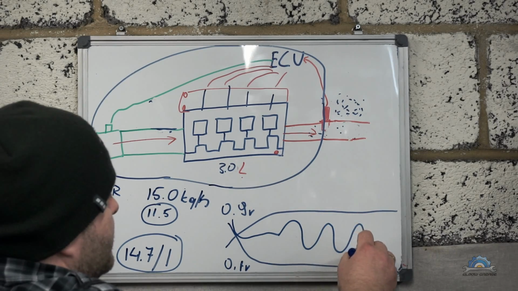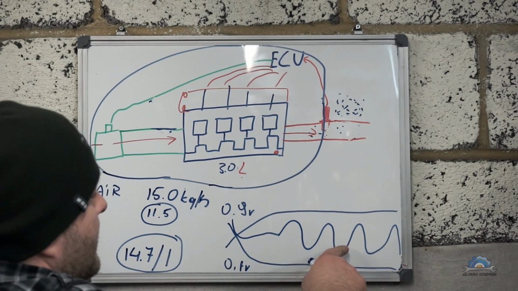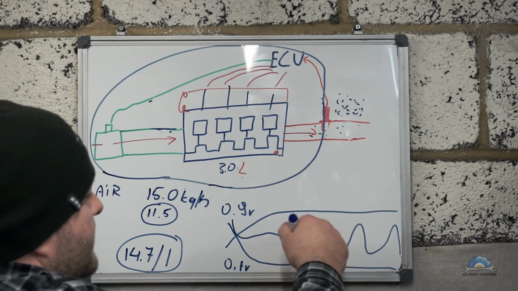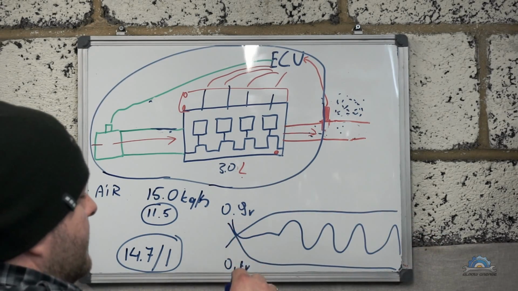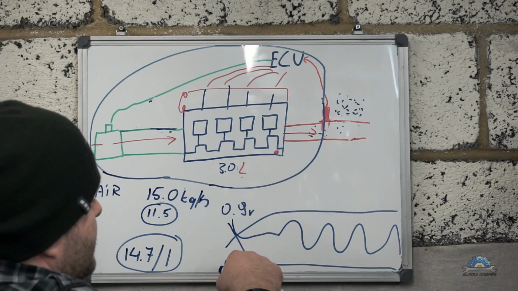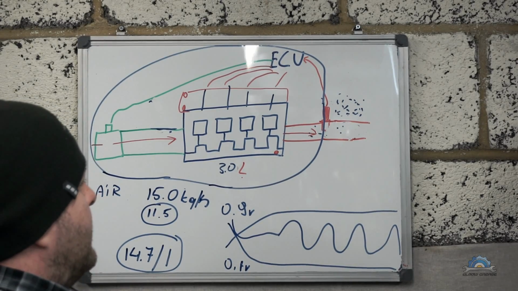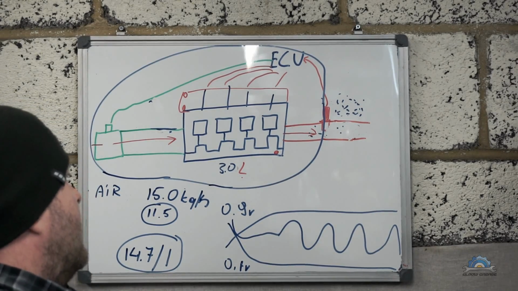And if the O2 sensor starts producing good readings, which is a wave pattern up and down between 0.1 and 0.9, the ECU is gonna be happy, and that's it. That's what this is all about: correction of fuel.